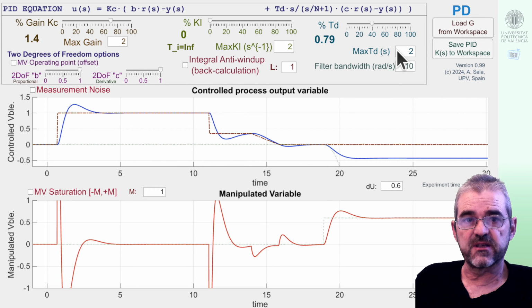So let's state our desired behavior performance specifications for my closed loop.